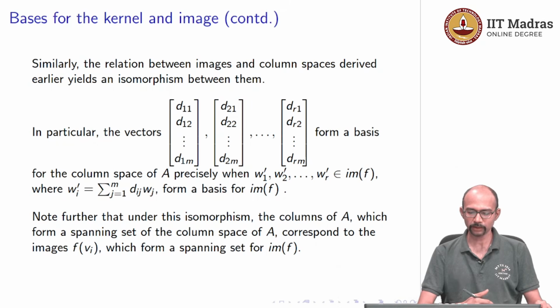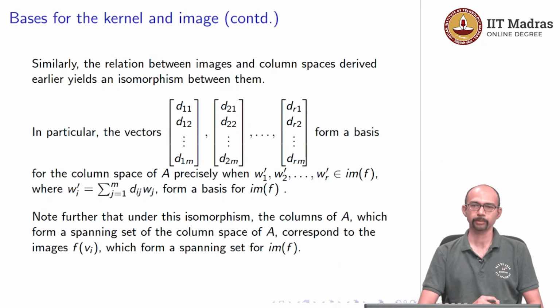So, once we have this isomorphism, note also that the columns of A form a spanning set of the column space, and these correspond to the images f of Vi. So, the images f of Vi form a spanning set for the image of F. So, what is the point of all this?